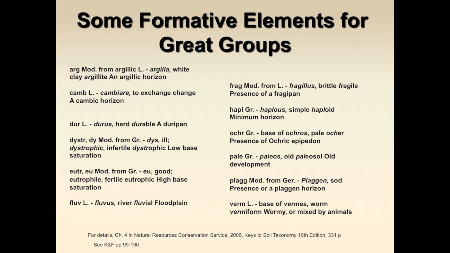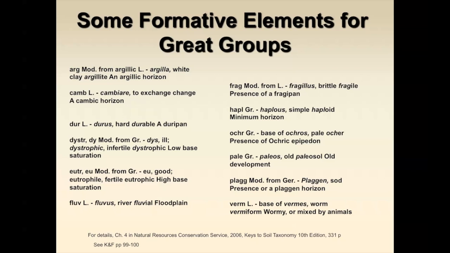Haplic horizon would be minimum or not very well formed. Ochric, often meaning pale. Pale or paleo, meaning old. So again, you can see some of these formative elements, and these become part of your phrase book in being able to classify soils. And again, go to Conker and Franzmeier to make sure that you have that phrase book down.